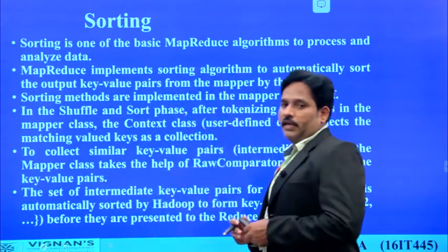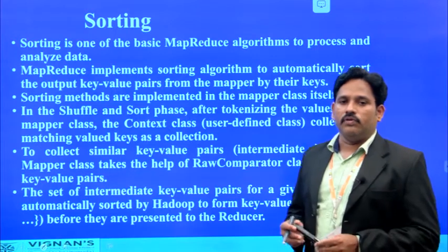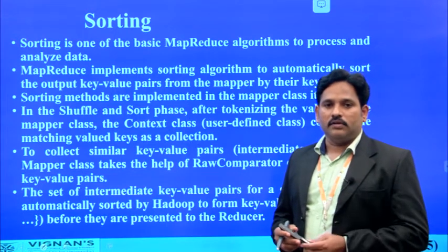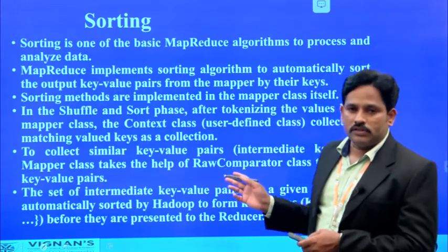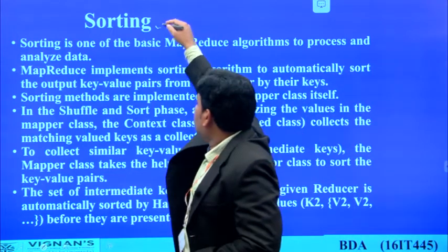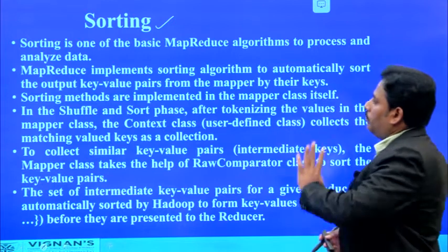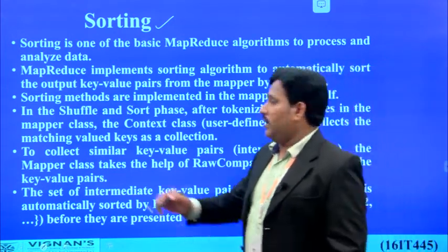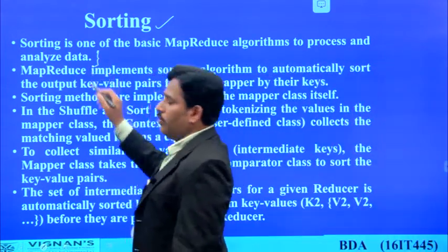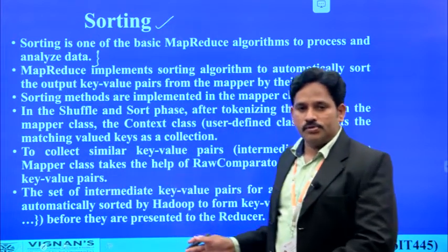The name itself indicates that we want to arrange or format the data based on the requirement of the query. Sorting is one of the basic MapReduce algorithms to process and analyze data. It is also an inbuilt feature in MapReduce.